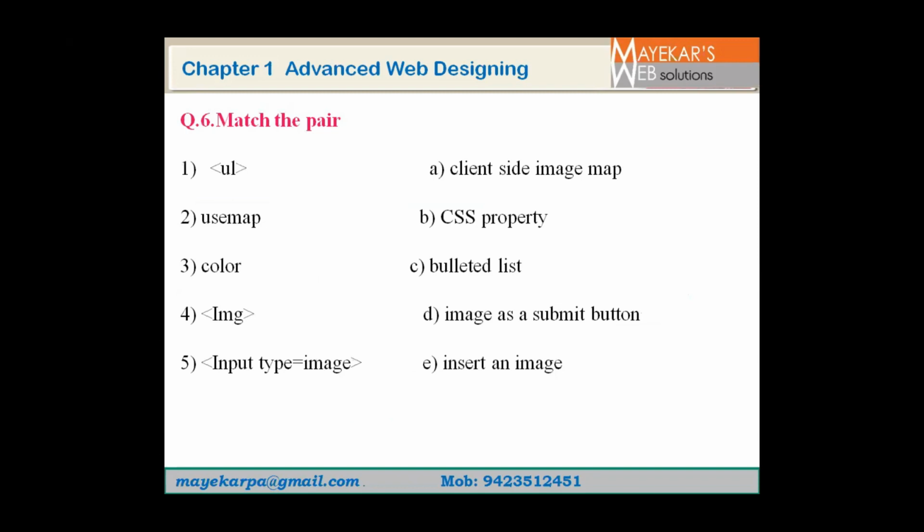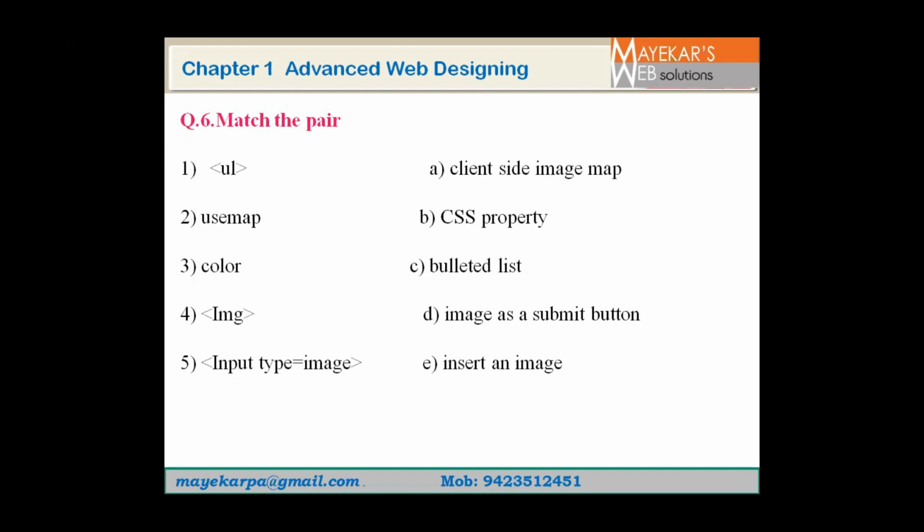Okay, next is question number 6, that is match the pair. Here 5 questions are given and 5 options are also given. So if you say UL tag, to which option is it applicable? We'll check the first one, client side image map. There is no relation of the UL tag with the client side image map. Second is CSS property.